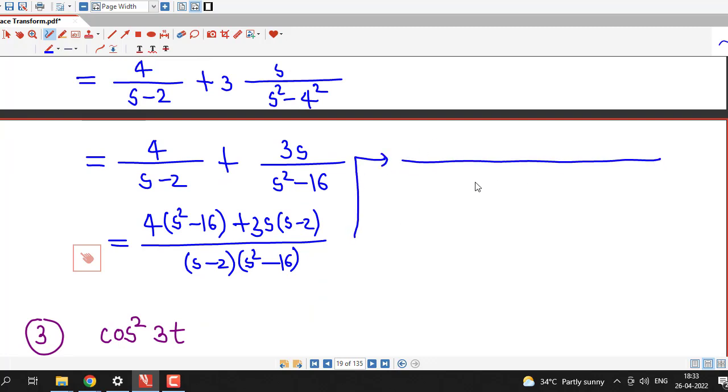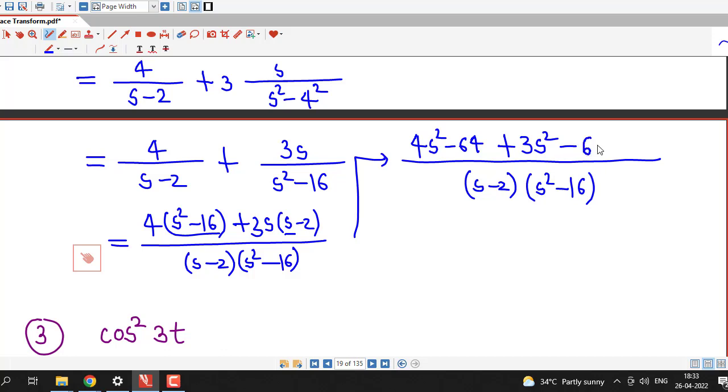Here this is as it is, s minus 2 times s square minus 16, and this is 4s square. 4 is multiplied with s square, and 16 into 4, that is minus 64, plus 3s into s, that is 3s square, minus 3s into 2, that is 6s, and this is equal to 4s square plus 3s square, that is 7s square, minus 6s minus 64 divided by s minus 2 times s square minus 16.